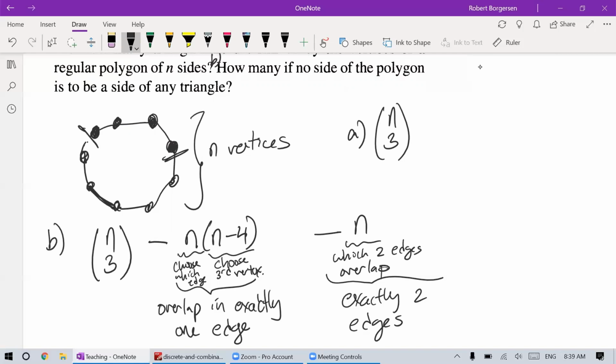Because once you choose those 2 edges, the other one is guaranteed. Has to be. Oh, well, that's the same thing. Like, so any 2 edges that are beside each other, I chose this one, and then I chose the one to the right of it. If I want this edge over here, I chose this one, and I chose the one to the right of it.